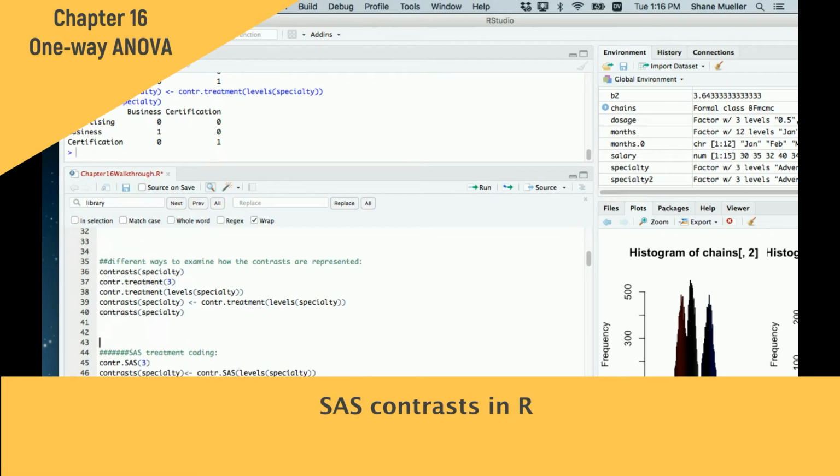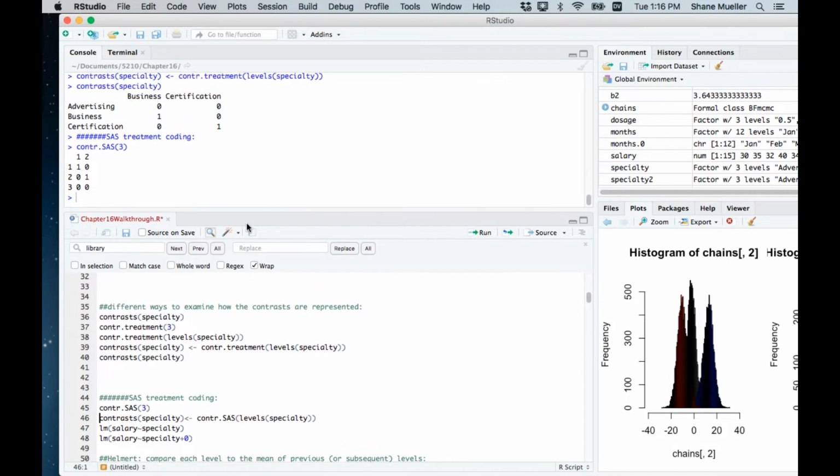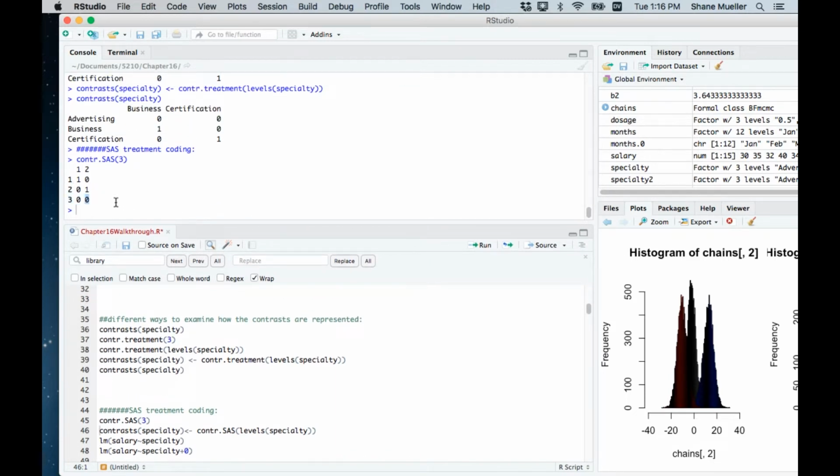So treatment contrast isn't the only way. SAS does treatment coding in a different way, and so if you want to be consistent with SAS, you can set them to contr.sas, and you can see that it looks very similar, but the last one, not the first one, gets 0 coded. So everything is with respect to the last element, not the first element.